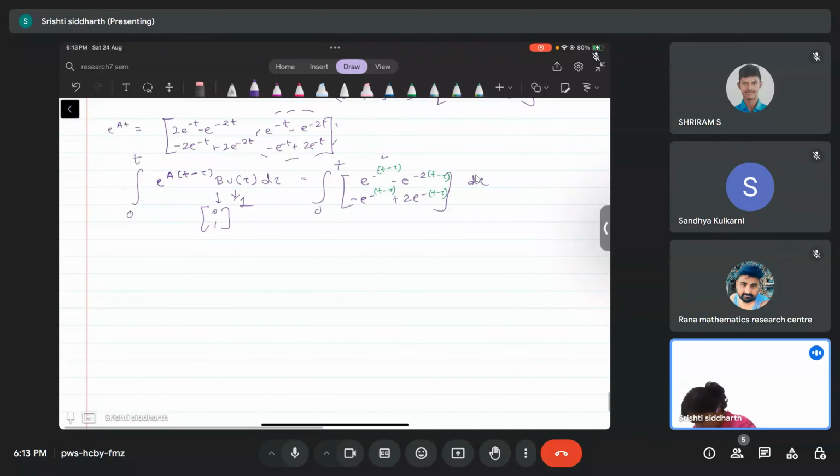Let's see. So we have e to the power minus t and the integral of e to the power tau, minus e to the power minus 2t, and we have 1 by 2 e to the power 2 tau.